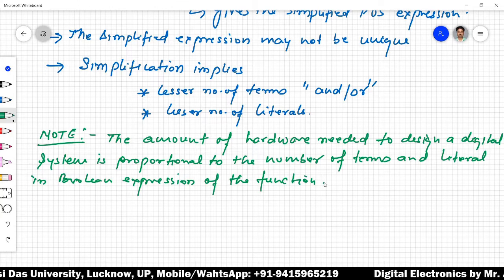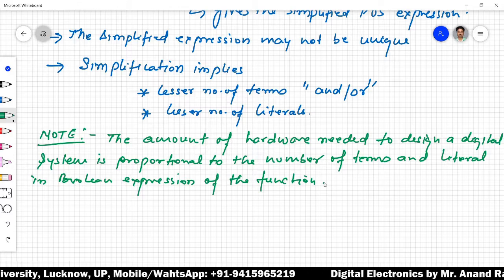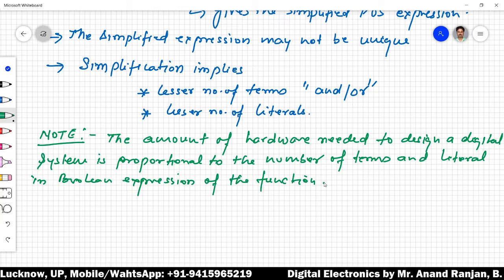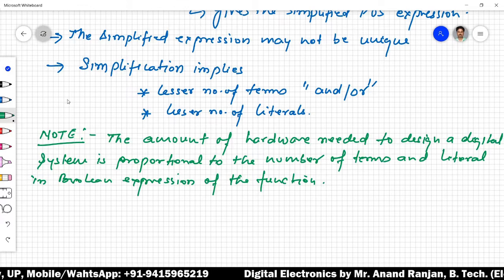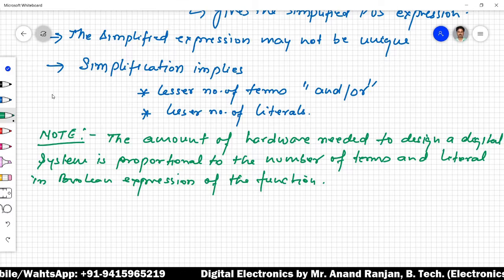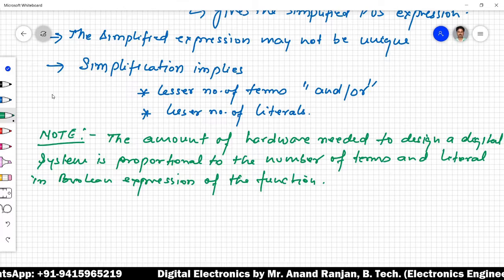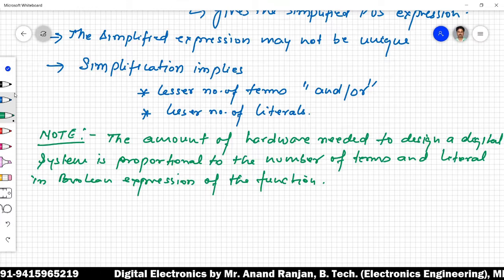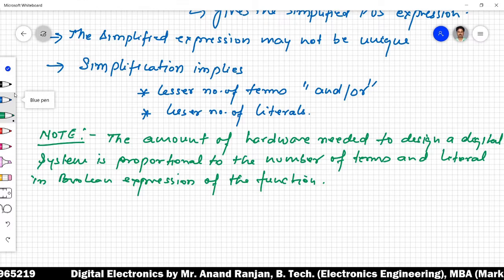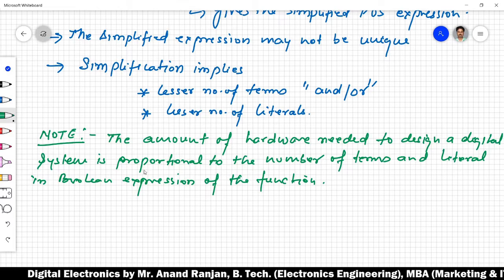So if we are able to reduce these terms or literals, then of course we can reduce the number of basic components or hardware in designing digital systems. That's why simplification has its own importance.